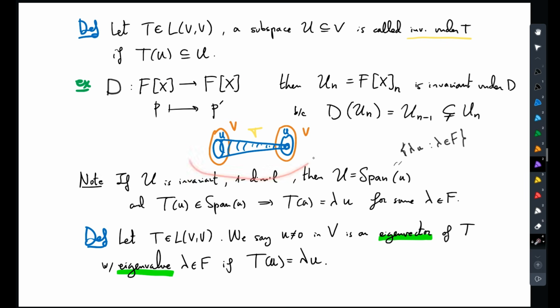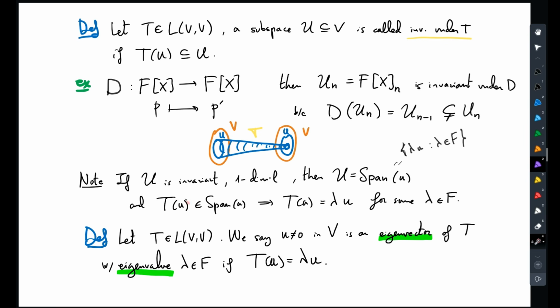Here's a picture of what's happening when there are invariant spaces. I have a transformation T from V to V, and here is a space U that is being sent to U, not necessarily all of U, but inside of U. Now, when we have a space that is invariant and one-dimensional, then U will be the span of one single vector, little u, and this span is all the possible multiples of u.